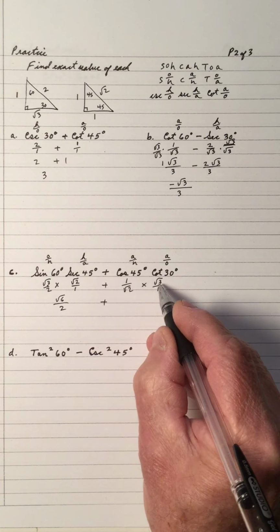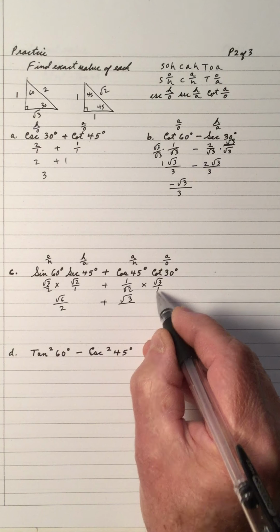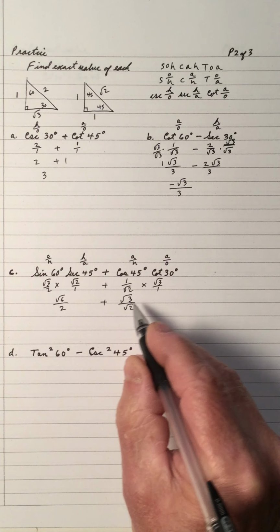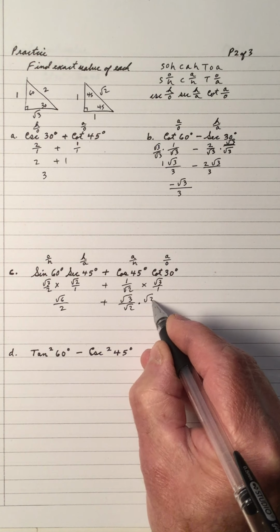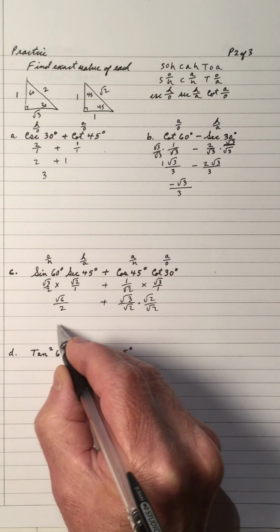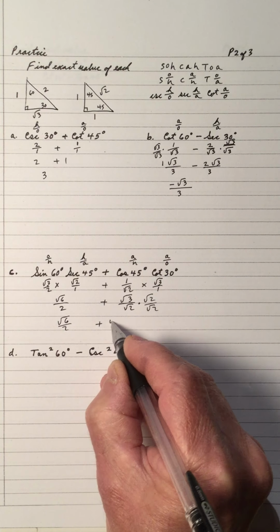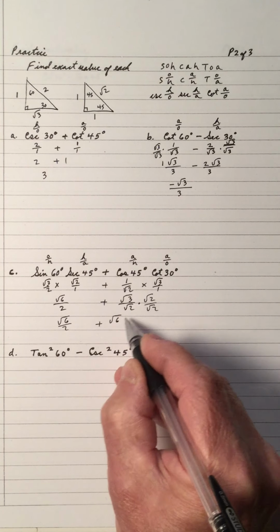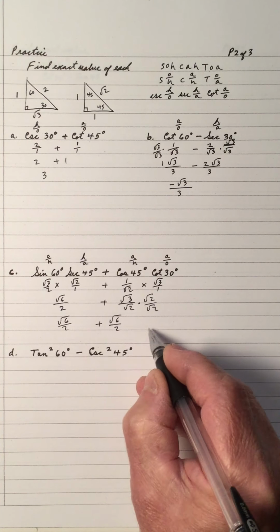Plus 1 times root 3 is root 3. Root 2 times 1 is root 2. This one has a radical, so I'm going to simplify this fraction, multiplying by root 2 over root 2. So that gives us root 6 over 2. Add on. Root 3 times root 2 is root 6. Root 2 times root 2 is a 2.